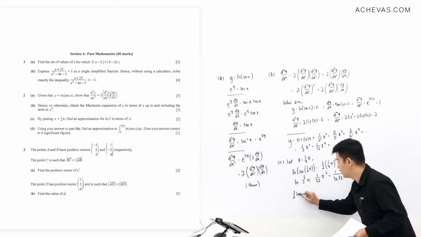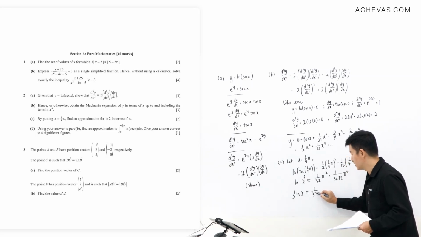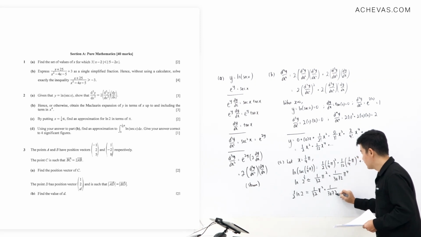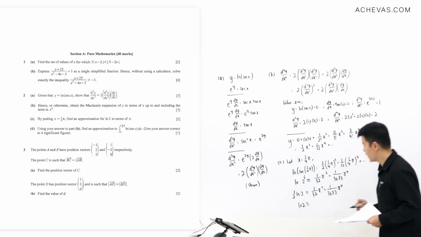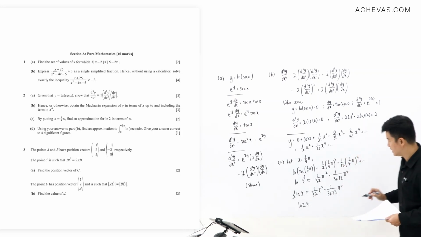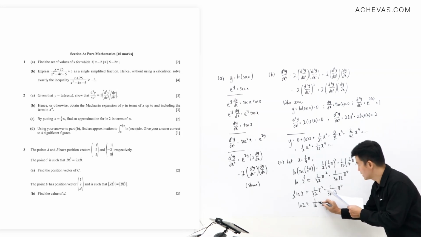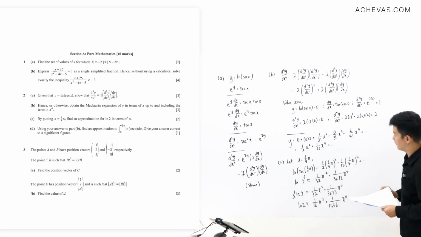It's going to be half ln 2, approximately 1 over 32 π² plus 1 over 3072 π to the power of 4, which means that ln 2 will be approximately, multiplying 2 across to the other side, 1 over 16 π² plus 1 over 1536 π to the power of 4.